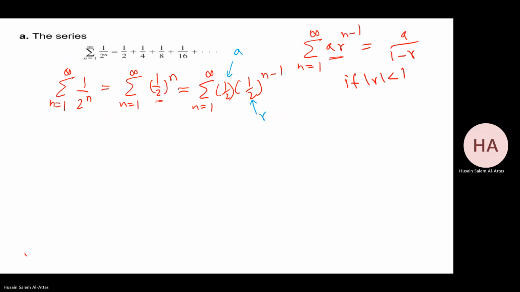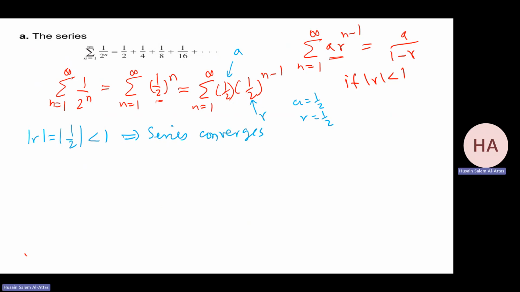Very clear. So the sum S will be A over... First, before I go to the sum, I check the absolute value of r, which is half. I have A equal half and r equal half, which is less than 1. So the series converges.